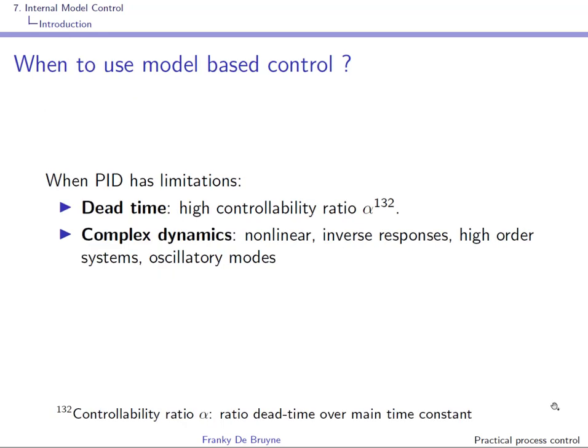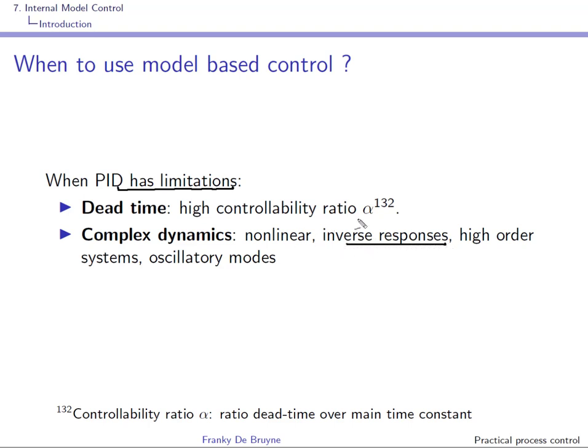When should model-based control be used? Well, of course, when the PID controller has limitations, and we have seen previously that when the dead time is large with respect to the main time constant, when the controllability ratio is high, then the PID controller has problems. And in the case of complex dynamics, so for instance high order lag systems, systems with oscillatory modes, and systems with inverse responses, right?